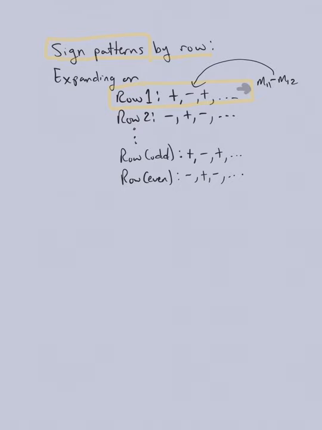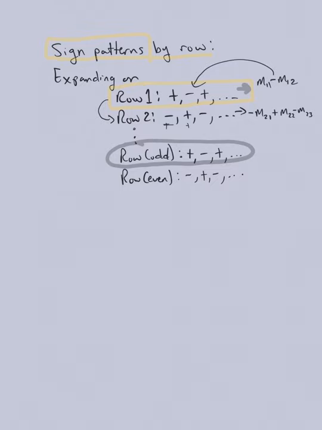Now, once I go to row 2, if I want to expand on row 2, the sign pattern reverses. What that means is that I would do negative M21 plus M22 minus M23, and if it's bigger, keep going from there. So the deeper concept here is that if I expand on an odd number row, we get that sign pattern just like row 1.